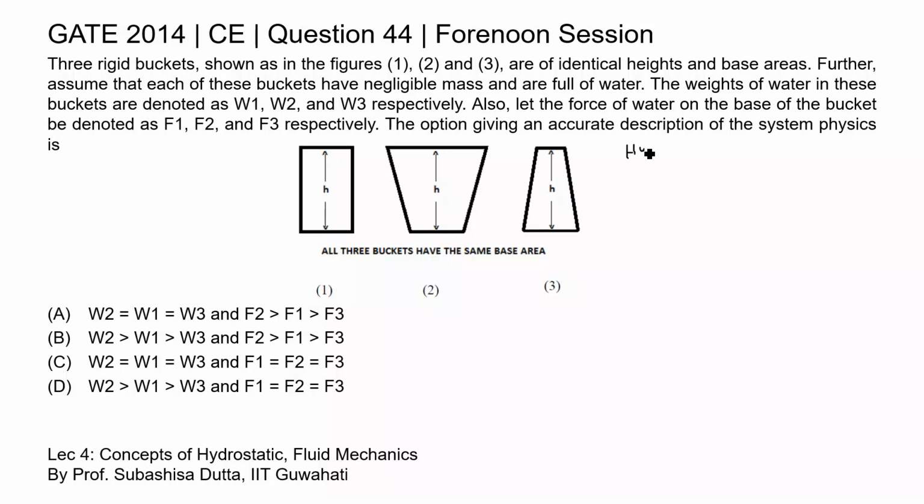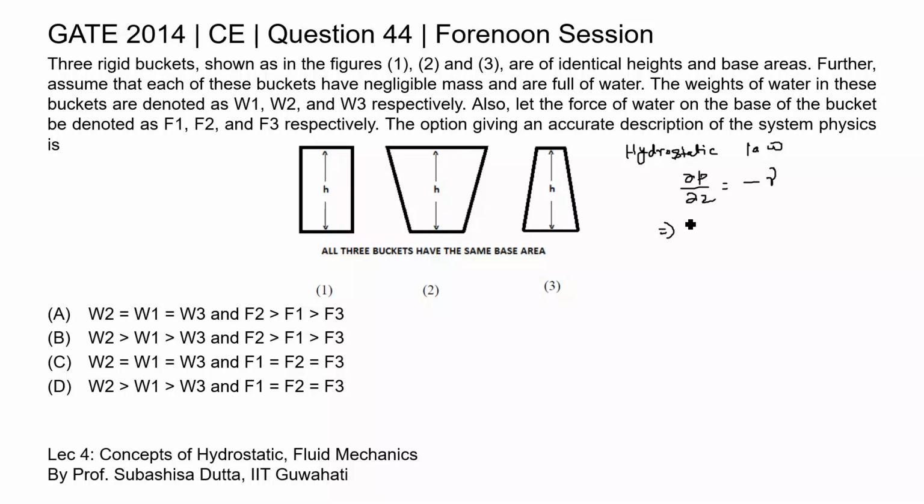So, if we recall the hydrostatic law, we know the pressure intensity at a point is equal to the weight density of the fluid. This negative sign indicates here that the pressure increases with the depth or in downward direction.